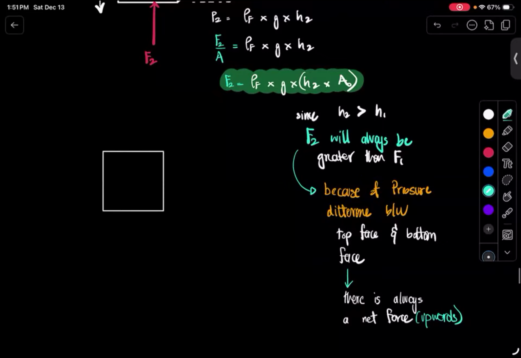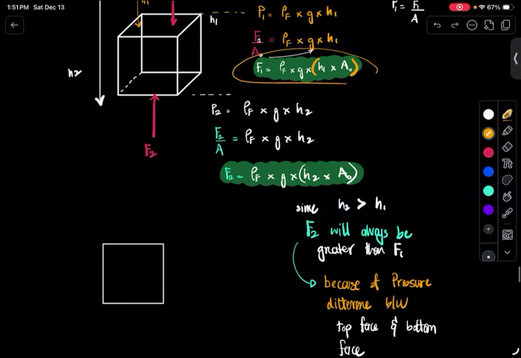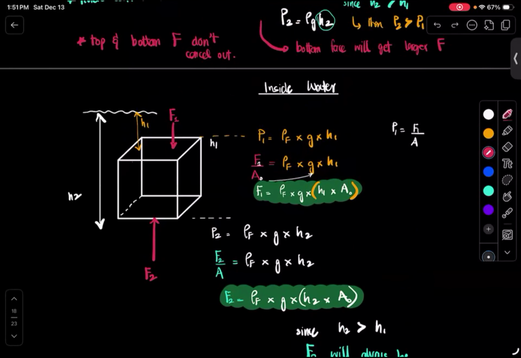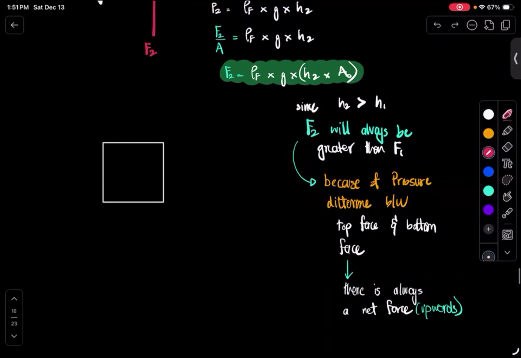Okay. Now, I'm going to make it a bit simpler. Don't worry, we will simplify these expressions in a bit. In fact, let's just not do it right now. I'm just going to explain the idea. So then, you can write this down later on, and then you can absorb the idea, and then we can do that in the next class. Now, at the top face, we know that pressure is smaller, right?